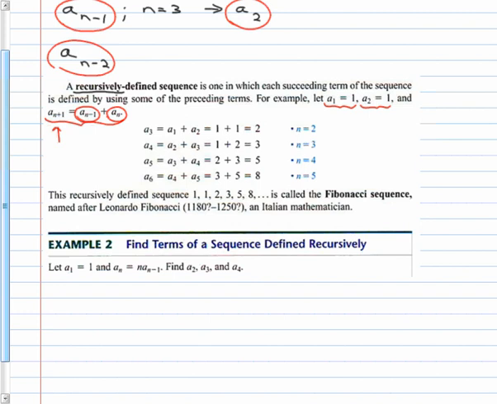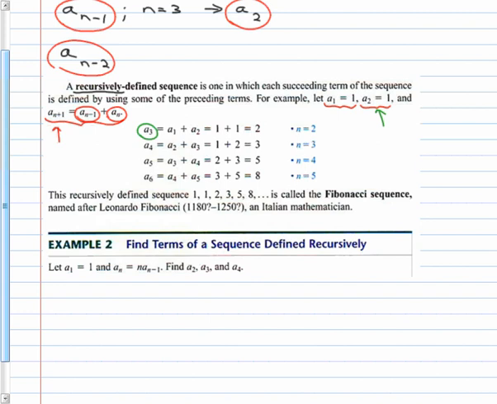So if I want to find a sub 3, I get the 1 previous plus the one I'm on. That's a little bit of a bad description. So a sub 1 plus a sub 2. These would be 2 previous terms to a sub n plus 1.